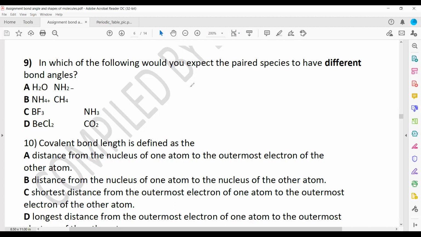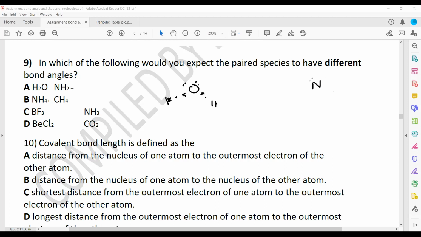So H2O, oxygen is the central atom, so it will share one electron with each hydrogen, so it has two bond pairs and two lone pairs. What about NH2 with a charge of -1? When the charge is -1, it means nitrogen gained an electron.